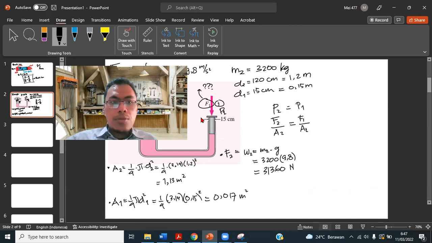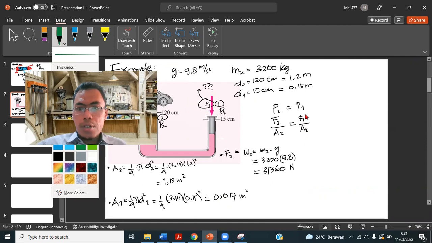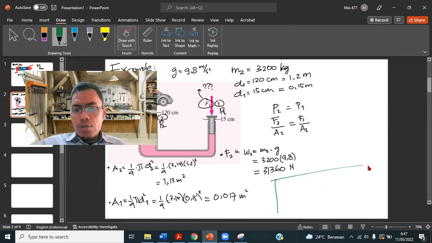Now let's find the solution for F1. If you want to find the value of F1, F1 will be F2 divided by A2 times A1.